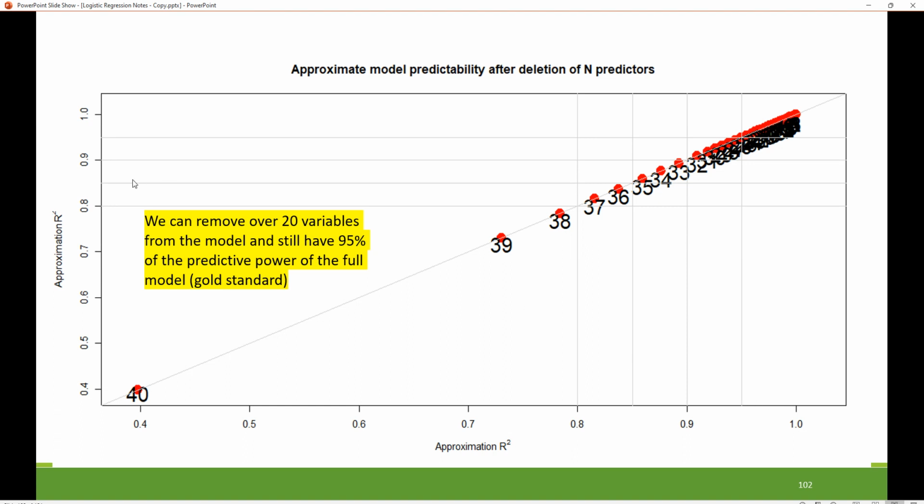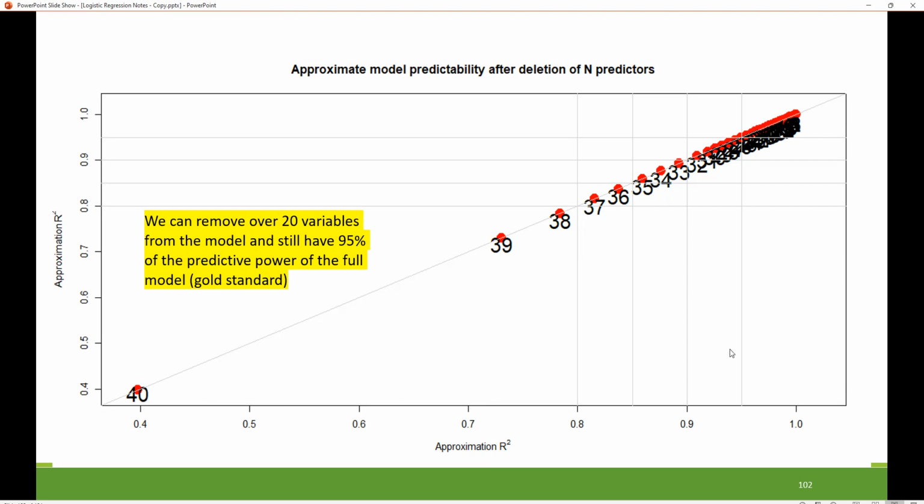So I could see that if we can remove over 20 variables from the model and still have 95% of the predictive power of the full model, which is our gold standard. So we can drop 20 of our predictors that are the least important, and we can still have a very predictive model in comparison to our original model.